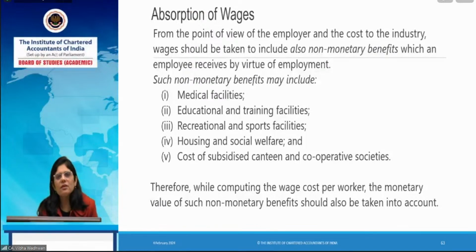And my second question, which premium bonus method is advisable, or which method will give you more earnings? Very good, Rowan method. So if the time taken is more than 50% of the time allowed, that means you are less efficient. जो moderate efficient लोग होते हैं उनके लिए Rowan method उनको ज्यादा earning देता है. So Rowan method will motivate them to be more efficient, earn more, produce more.